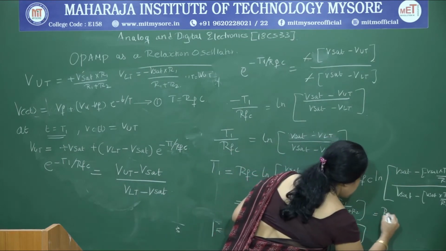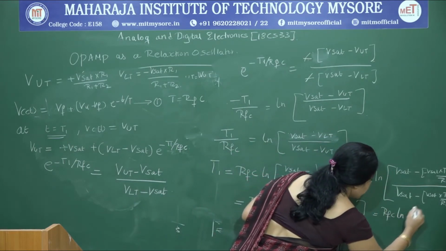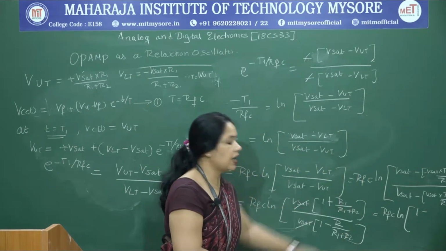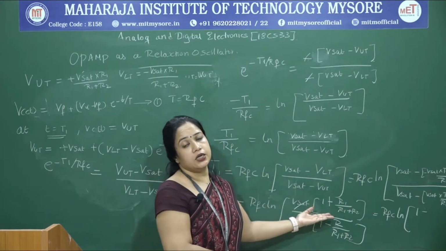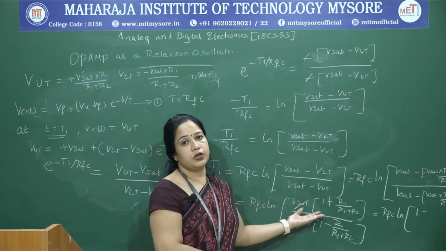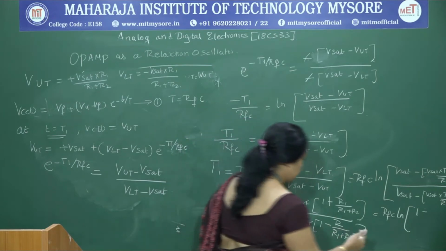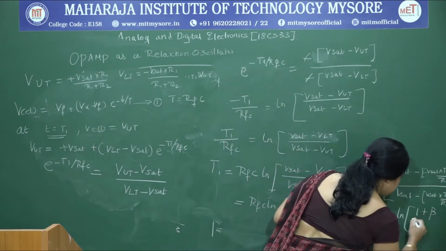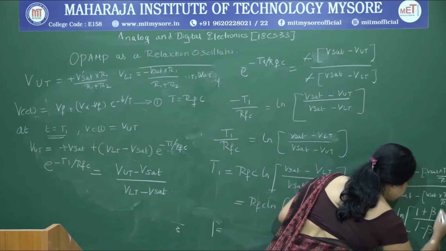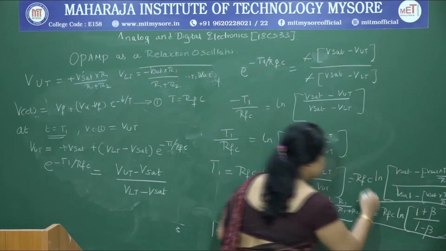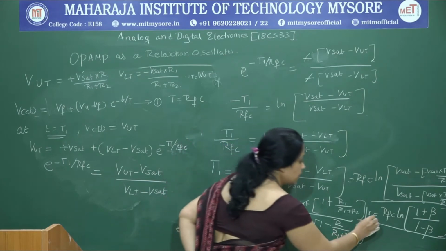So, we end up getting RFC logarithm of, and R1 by R1 plus R2 depends on the resistances used in the feedback, so we can call this the feedback factor, beta. I can term this as 1 plus beta by 1 minus beta. So, this is T1.